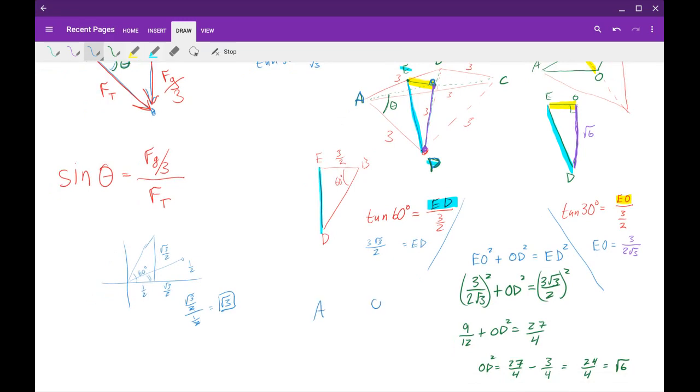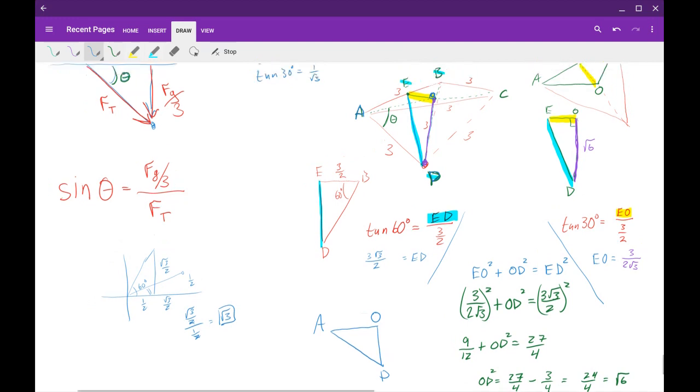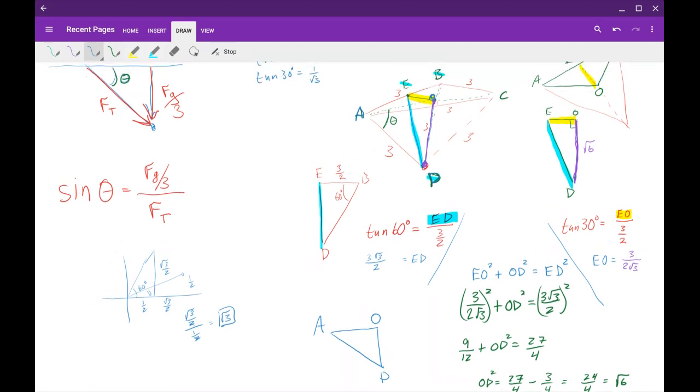A, O, D. And guess what? That's the triangle with my green angle that I've been waiting for all this time. I have OD, which is the square root of 6. I have AD, which is 3.